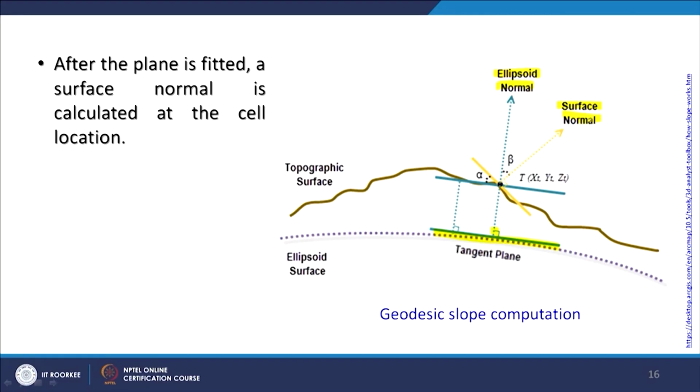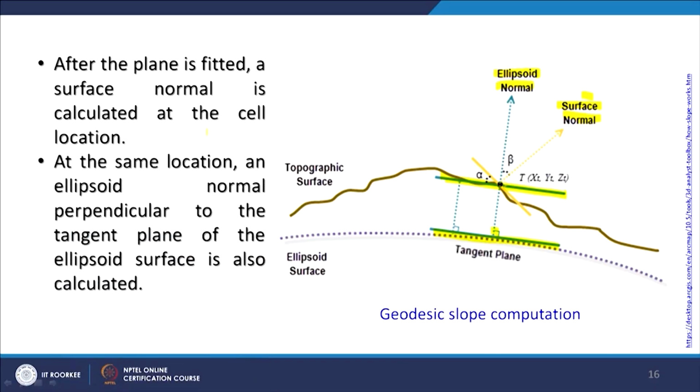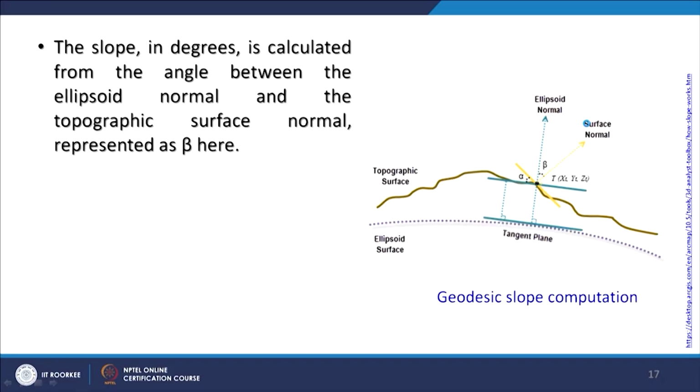So, after the plane is fitted, a surface normal is calculated at each cell location, and at the same location an ellipsoid normal, perpendicular to the tangent plane of the ellipsoid surface, is also calculated. So, here is one normal, the ellipsoidal normal, and here another normal, which is the surface normal. All these have to be calculated.